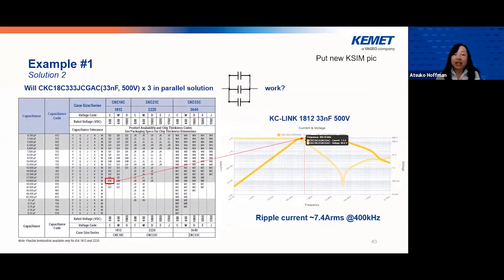What if we use 3 capacitors in parallel like this? We have a 33 nanofarad, 500 volt part. If you take a look at KEMET data, the ripple current capability of this part is 7.4 amp at 400 kilohertz.